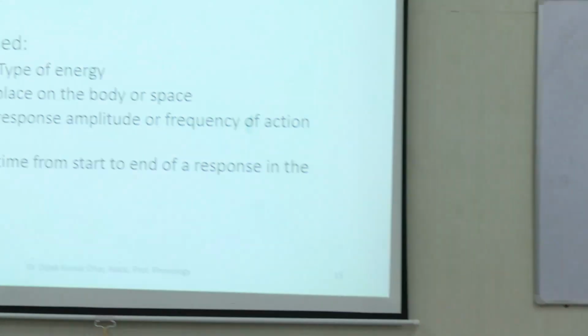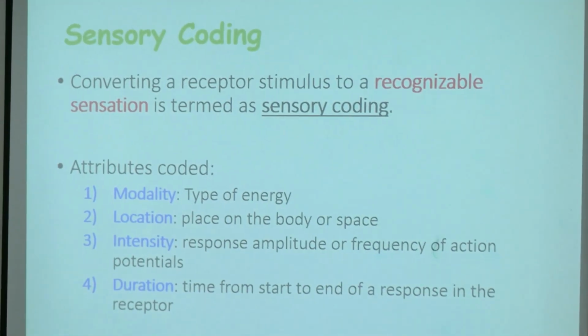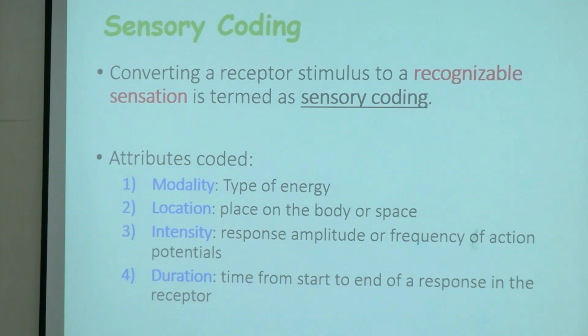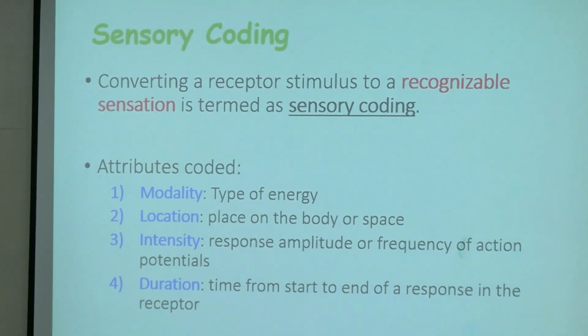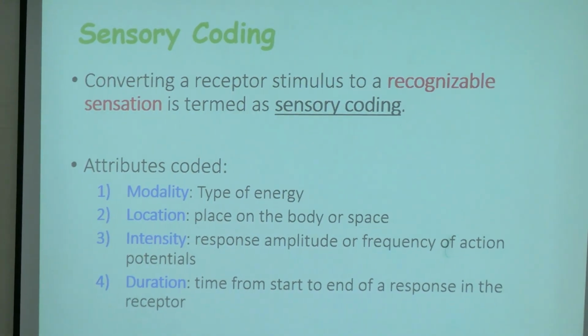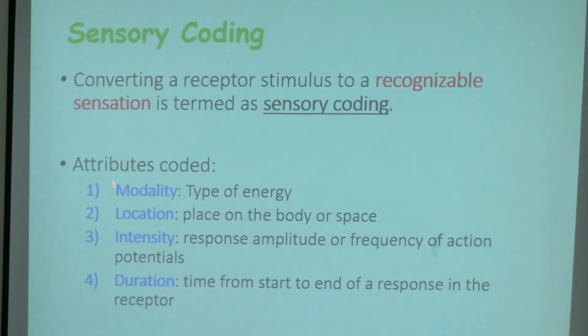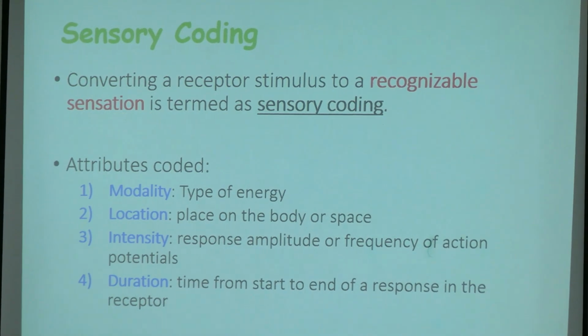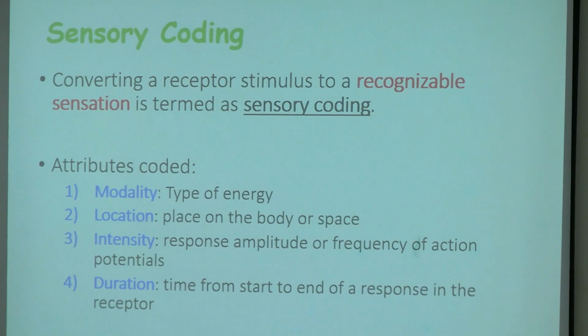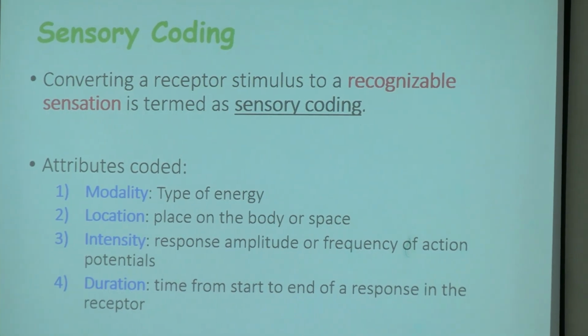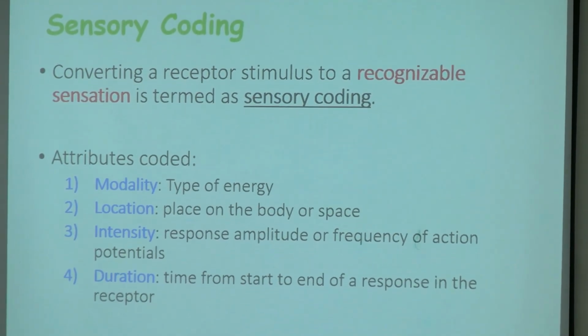Sensory coding is the process where a stimulus as such is identified as a recognizable sensation. Recognizable sensation means we talk of all these different types of attributes, right? What was the modality of the stimulus, location of the stimulus, where exactly in the body, or was it acting from outside the body?